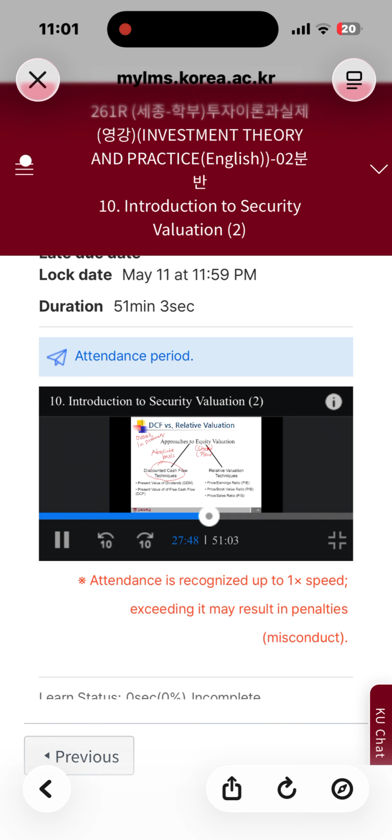It means that when you use the DCF model, you will have some absolute number to infer the value of the firm. And there are relative valuation techniques using the financial ratios, or the earnings ratio, or the price multiples. We call them relative ratios, or price multiples. Okay, so there are two approaches.